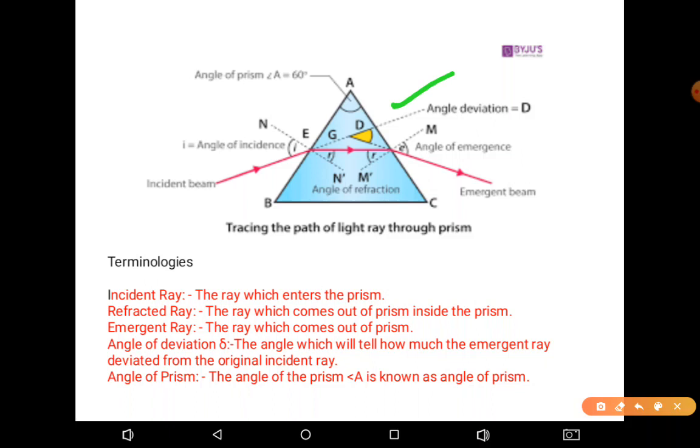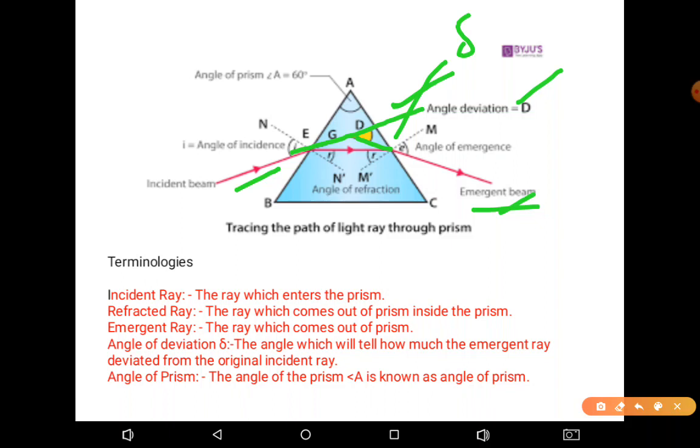And if we extend this incident ray in the forward direction and this emergent ray in the backward direction, just like this one, then the angle between the emergent beam and the incident ray is known as the angle of deviation, and it is denoted by delta. So these are important terms.